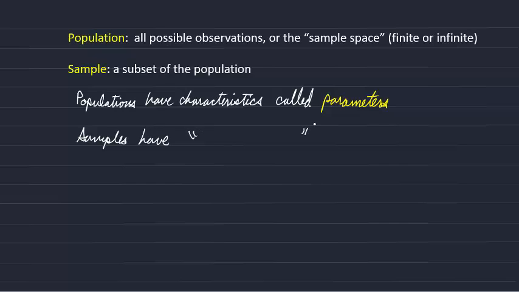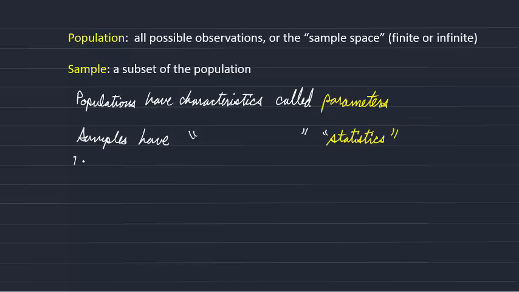Samples have characteristics, and they're called statistics. So let's look at some examples of parameters and statistics.